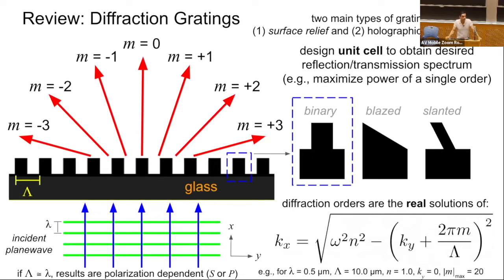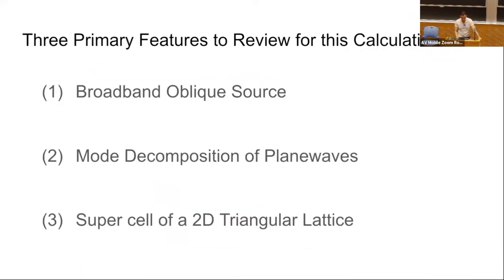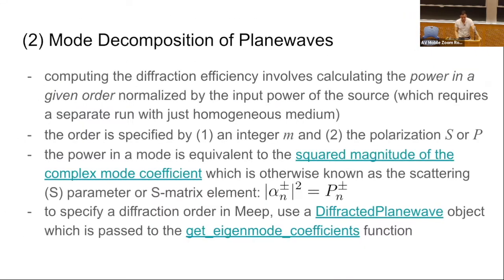Okay, so this is really important as well, because as I said, in these cases, the period of the grating is comparable to or smaller than the wavelength of the incident light. And so you have polarization effects, wave effects that you need to model. And so when we're doing the mode decomposition, you also need to specify what the polarization of the diffraction order is in order to do the actual decomposition.